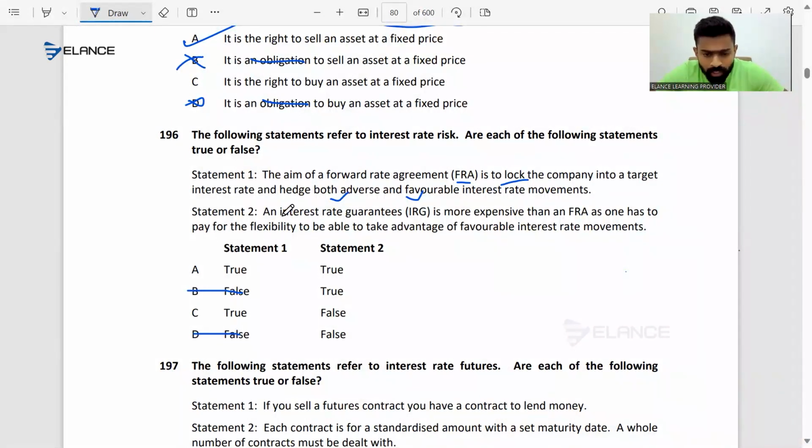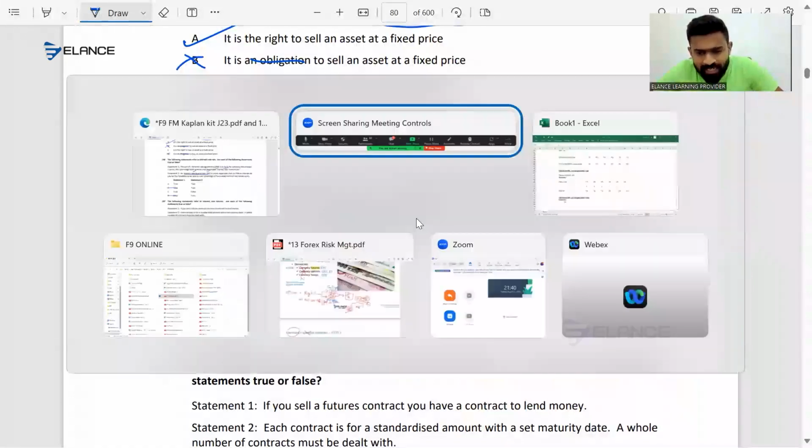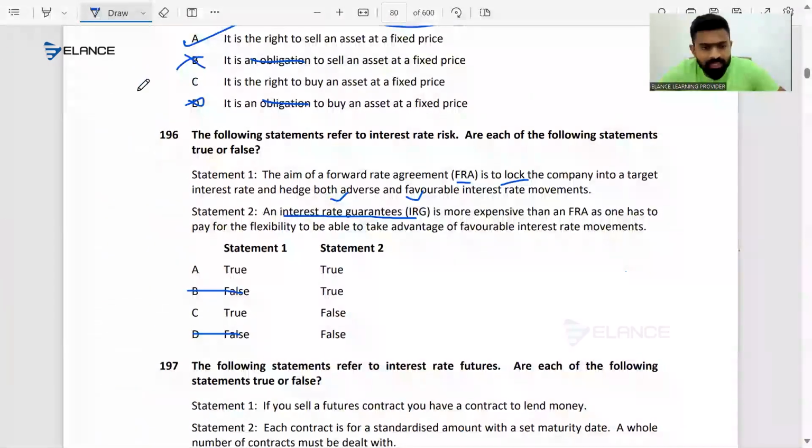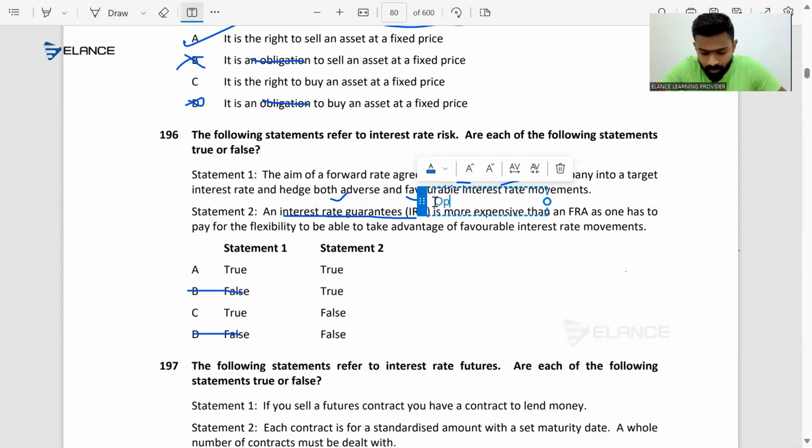Instead of FRA, if we went for interest rate guarantee, see, interest rate guarantees are another name for what? Options, right? They are more expensive than FRA, since we have to make a payment for the flexibility we are getting, in order to take the advantage of the favorable market rate movement.